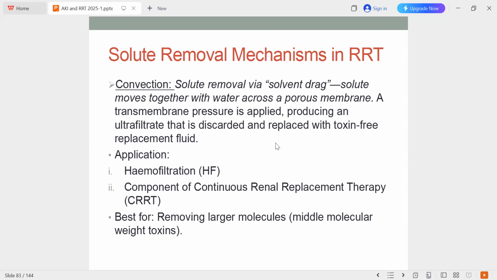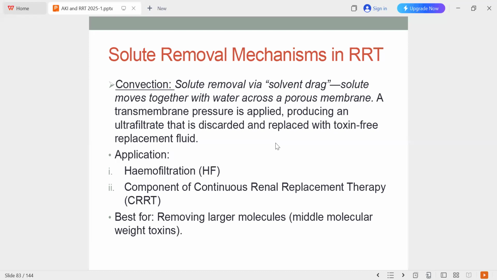All right, the other mechanism of solute removal in renal replacement therapy is convection. Here solute removal is via what we know as solvent drag, where the solute moves together with water across a porous membrane.